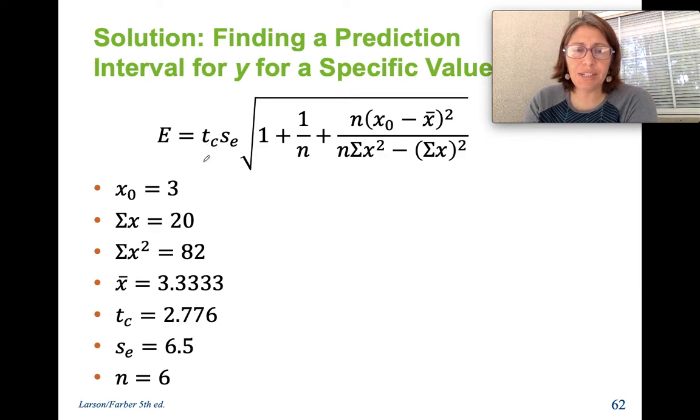So in for t critical, 2.776 times SE, times the square root of 1 plus 1 over n plus n times the quantity x sub 0 minus x bar squared over the denominator. When you plug this into the calculator, if you want to do it all together, you will need parentheses on the top of this, and you will need parentheses on the bottom of this.